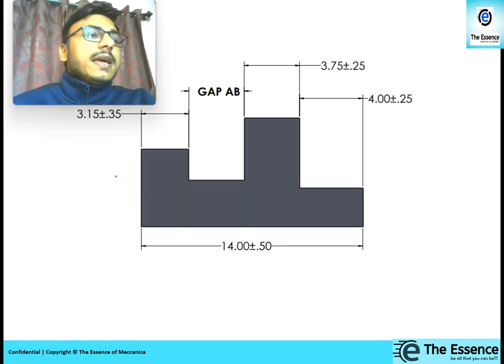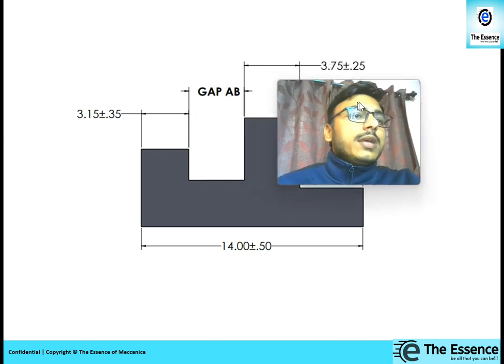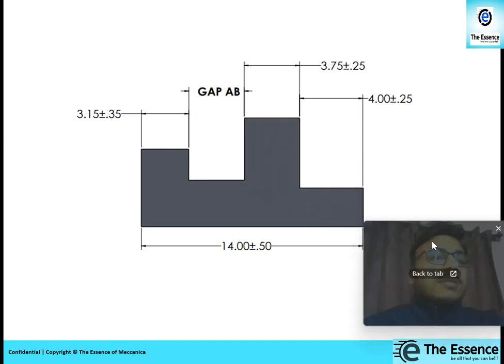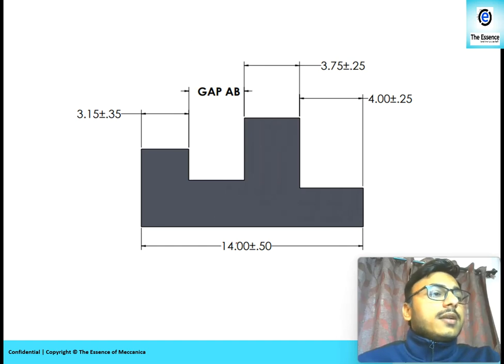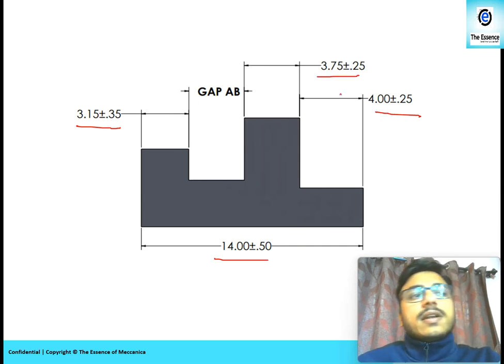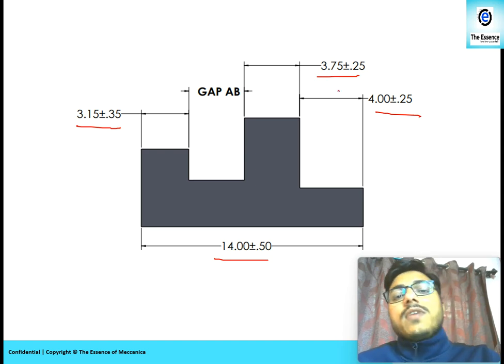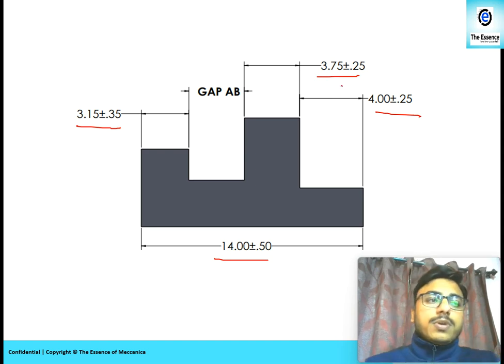See this. Here we have converted it into equal bilateral tolerance system. Here we have converted it into equal bilateral tolerance system. This is 3.15 plus or minus 0.35, 14 plus or minus 0.5, 4 plus or minus 0.25, 3.75 plus or minus 0.25. Now we are ready to prepare the loop, right?